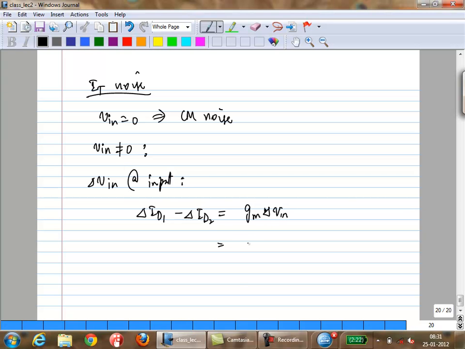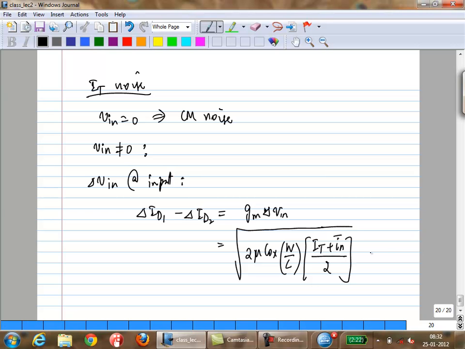Now we can write Gm. So if you have the noise current, that noise current is going to cause a small imbalance. Okay? So if you have noise current flowing through 1, it's going to be IT plus IN over 2. And now what we can do is, we can pull out this IN term, it's small compared to IT, you can pull it out of the square root.